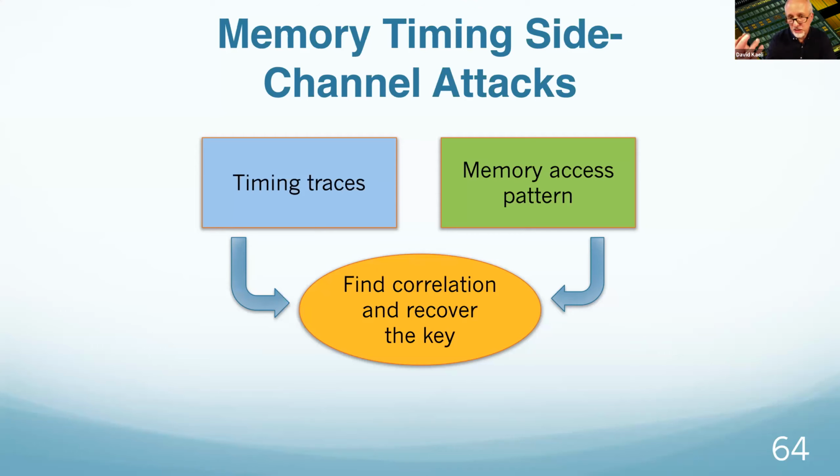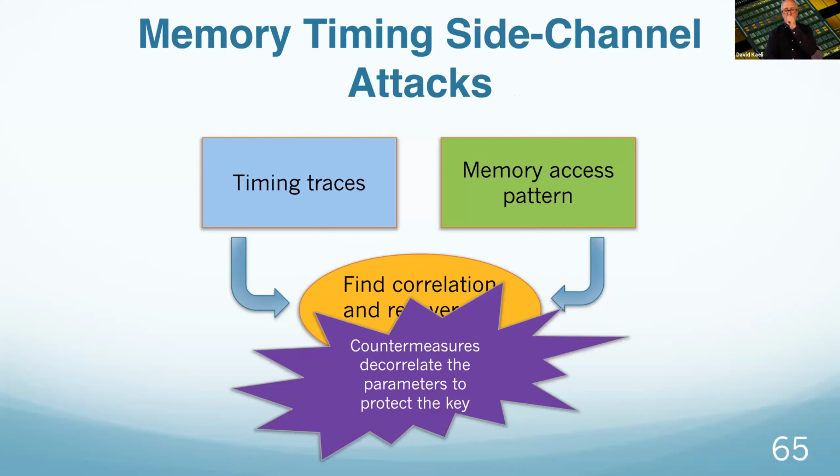What happens is that those timing traces are a function of the memory access patterns that are generated. So for instance, if I store my keys in a table and I access that table in a certain way, I can recover the pattern of accesses to that table through timing traces. So what's key is, I have timing traces and the memory access patterns.